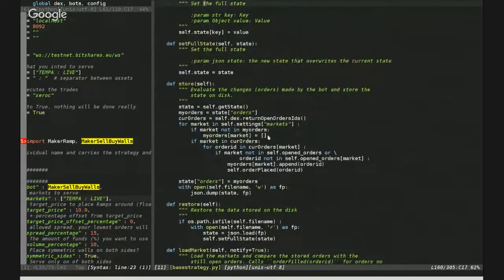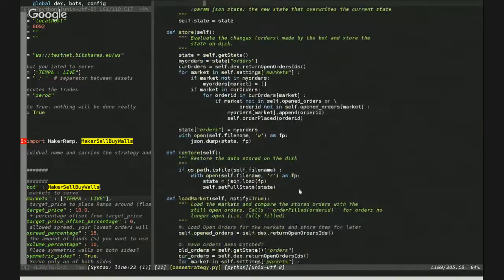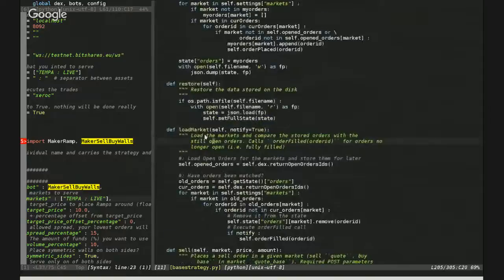So for our bot, we actually get the state of our bot, which is which orders I have opened, which ones I have closed, which ones have been filled by the decentralized exchange, and I dump all of this into a JSON formatted file over here, which also contains the ID of the orders, and I can restore all of this state from disk. Loading markets really figures out what has happened if an order is in the state but is not anymore on the blockchain.